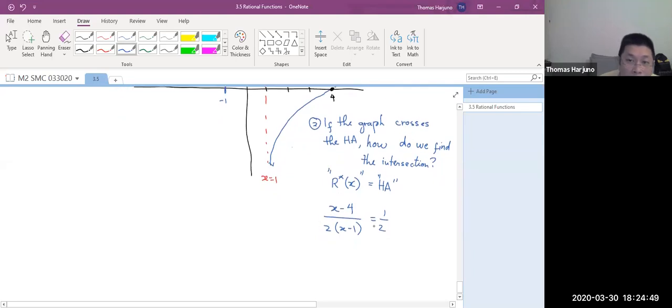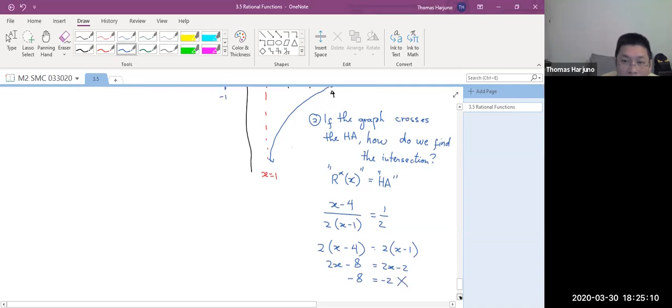In this case, I will cross multiply: 2 times x minus 4 equals 2 times x minus 1. So 2x minus 8 equals 2x minus 2. Cancel the 2x, I get -8 equals -2. That's a contradiction.